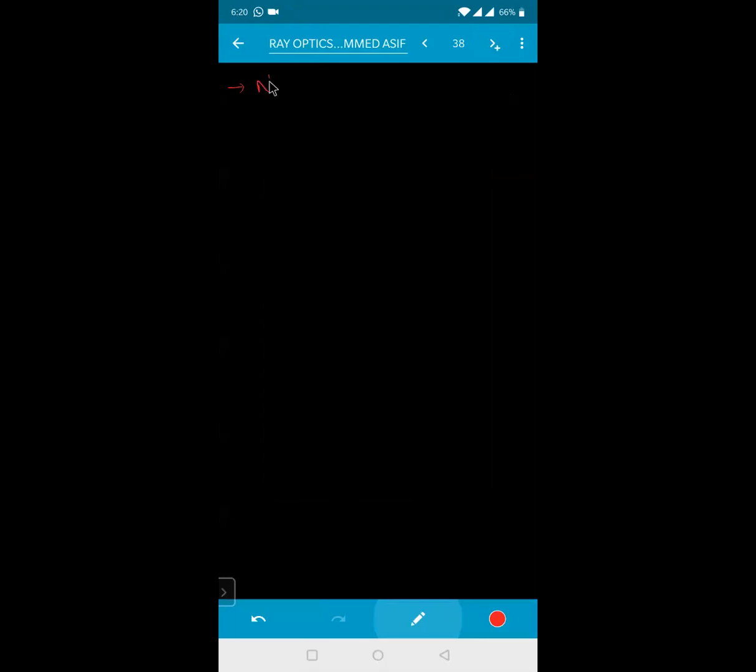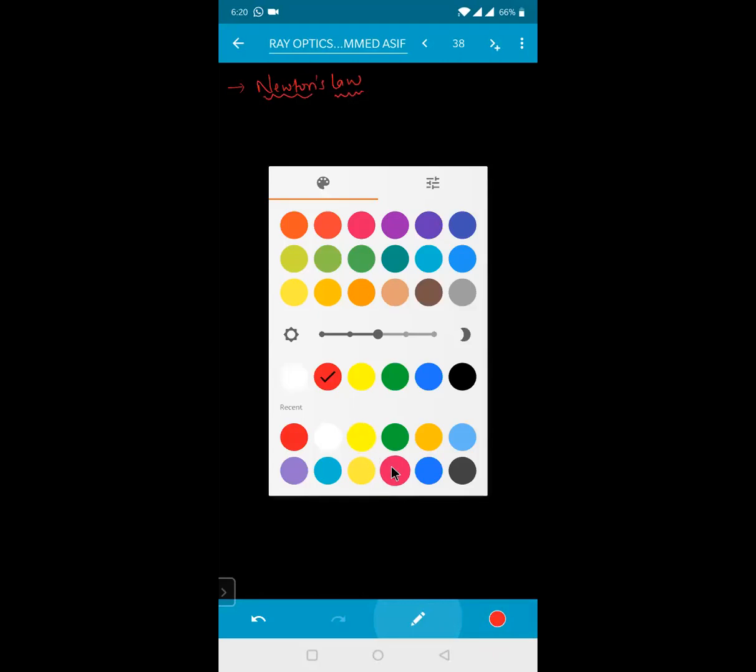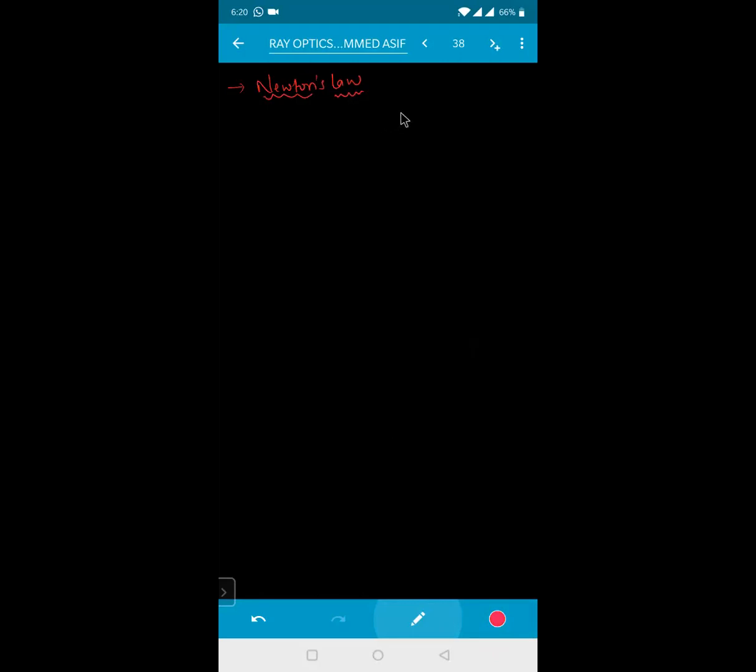Next one is Newton's formula, or Newton's law, we can say, with sign convention. Say for example, this is your mirror and this is the silver somewhere here.